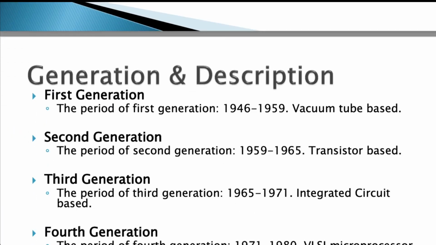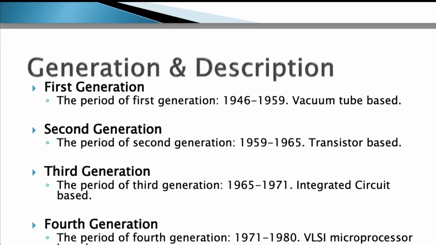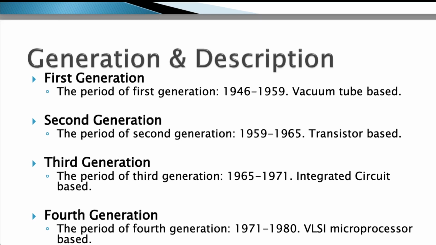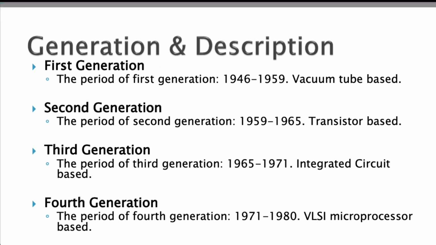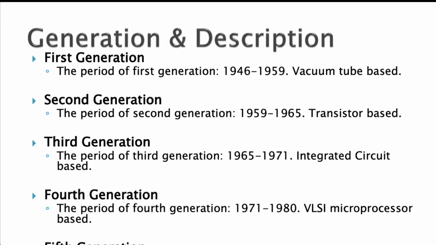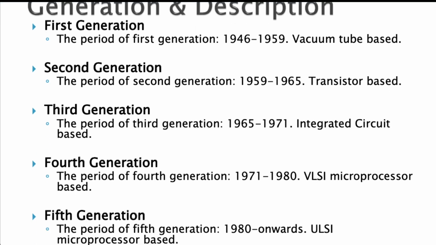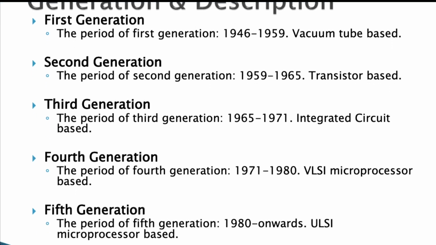If you look at the generation of computers, it starts with the first generation from 1946 to 1959, where vacuum tubes were used. Second generation starts from 1959 and goes on until 1965, where you could find the usage of transistors. The third generation starts in 1965 and ends in 1971, where it starts with the use of ICs, the integrated circuits.